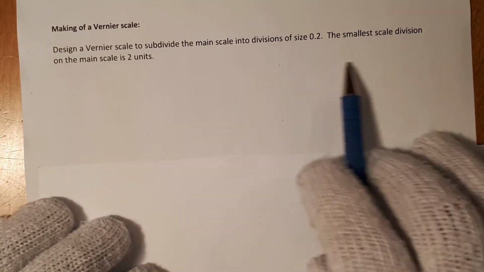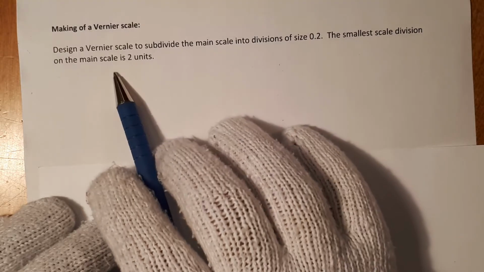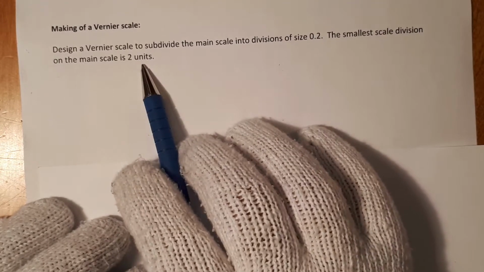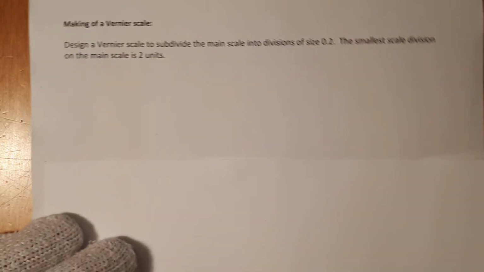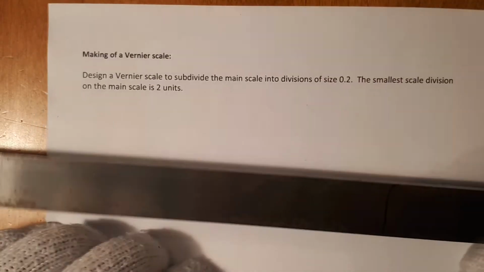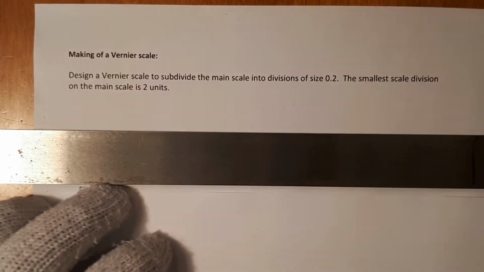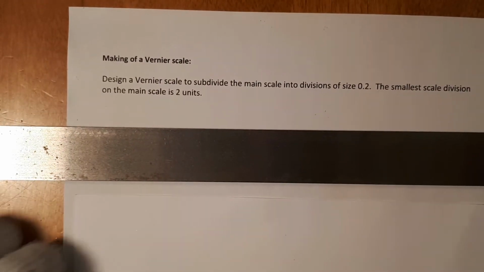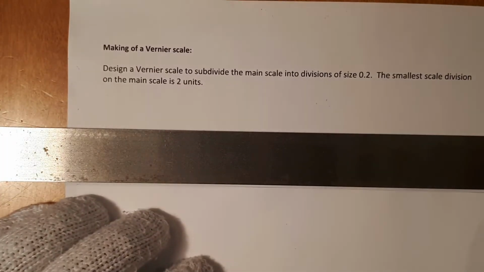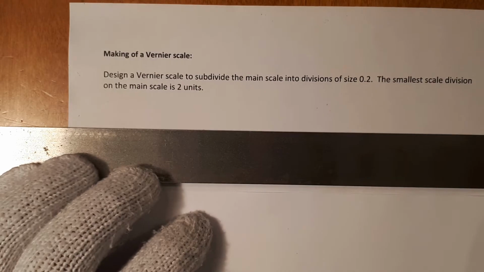So it says here, I need a main scale that is divided into 2 units. So I'm going to draw a ruler. I have here a bar which has no indications on it. There's no scale on here because I'm not using a scale. I just want to draw a line.